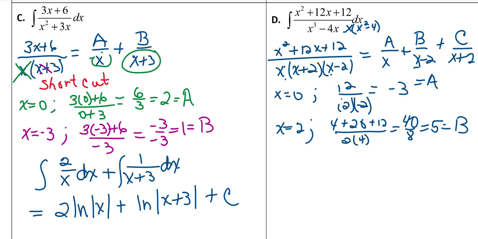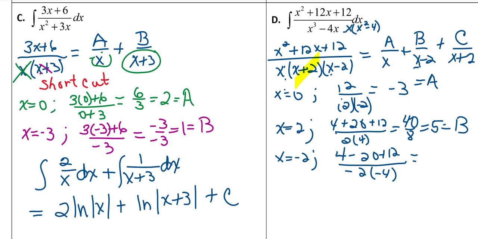And then finally for C, I'm going to let x equal negative 2, so I'm going to ignore this term in the bottom right here. This term gets ignored this time, and when I do this I'm going to put negative 2 in, so I get 4 minus 20 plus 12, and in the bottom I'm going to have negative 2 times negative 4.